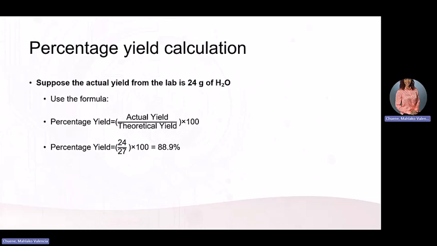There are different reasons for the percentage yield being lesser, and it is quite common, especially when you work with lab products. It is very rare that your percentage yield is 100%. It will be closer to 100%, but it is quite rare for you to produce 100% of what you are looking for.